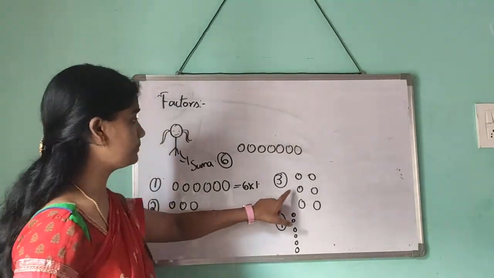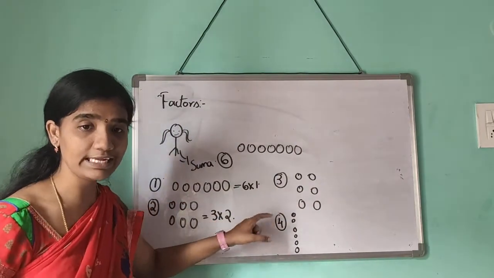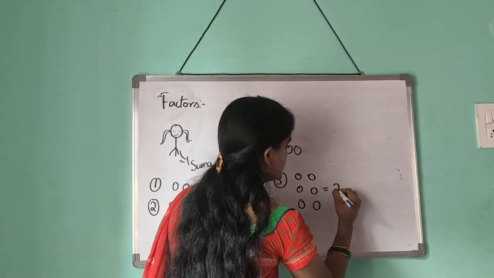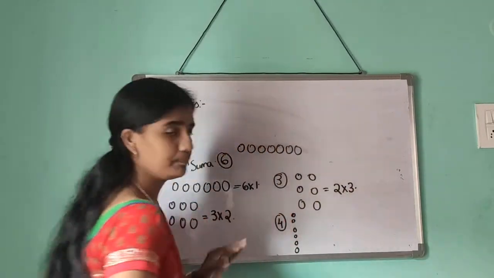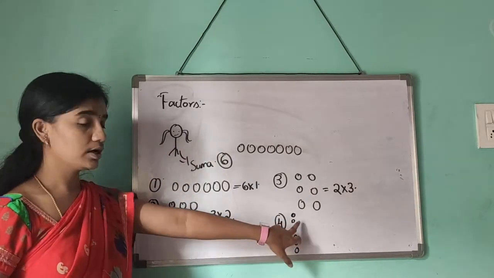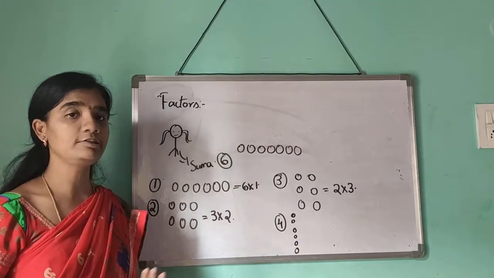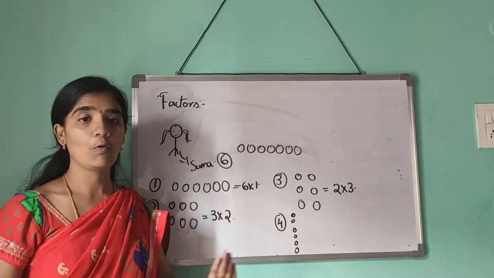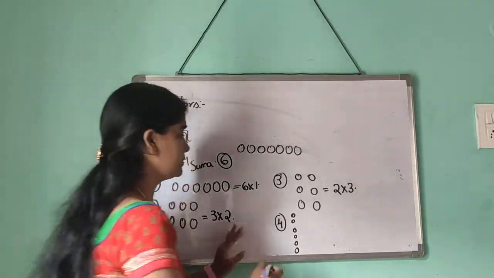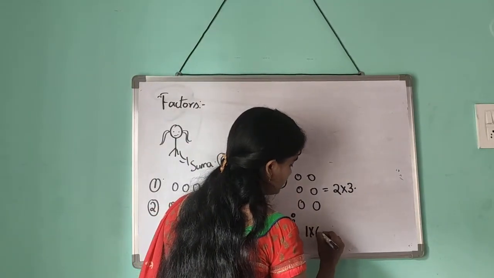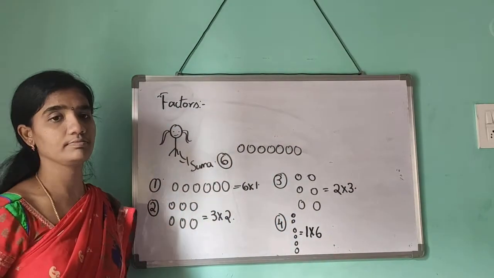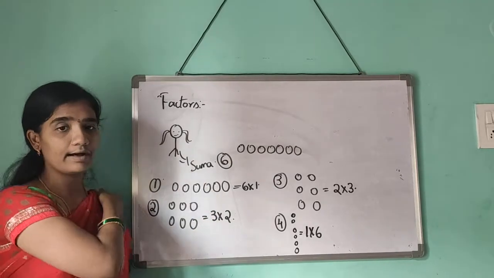Here also, 2 columns, 3 in each, so 2 into 3. Here, 1 column with 6 coins, that means 1 into 6. So this is the arrangement.